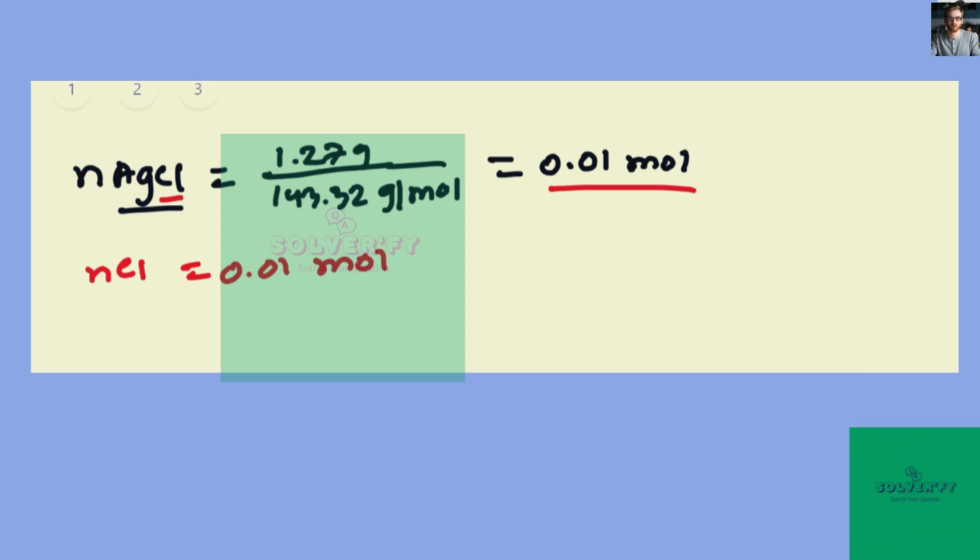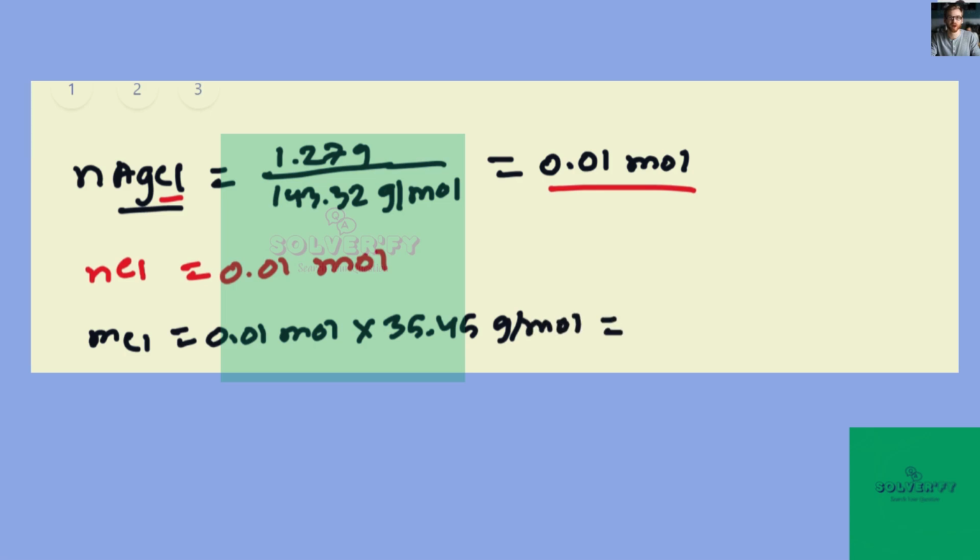That means the mass of chlorine in the HCl produced will be 0.01 mole times the molar mass of chlorine, which is 35.45 gram per mole.